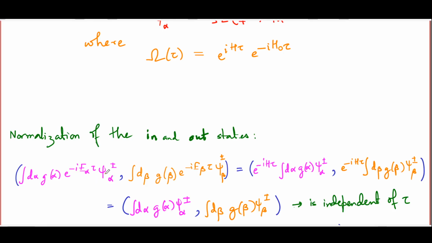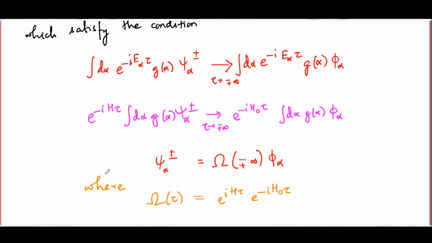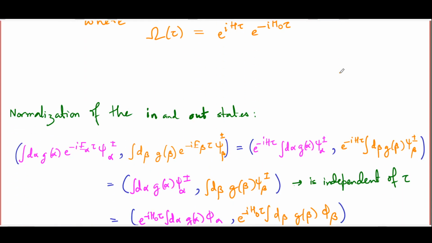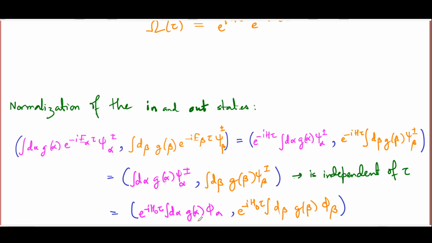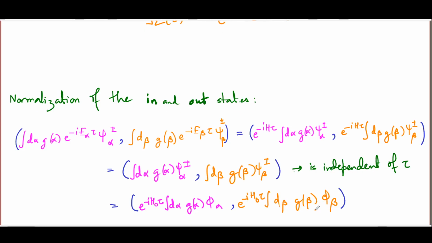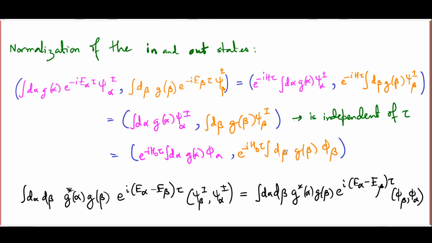But in those limits, notice that our superposition of the in states or the out states go to the corresponding superposition of the free particle or H0 eigenstates. And therefore, this is going to be given by this particular expression. And that of course is integral of d alpha g alpha e to the minus i E alpha tau phi alpha on this side, and a similar thing for this vector. If we expand this inner product out on the two sides, what we get is a double integral.